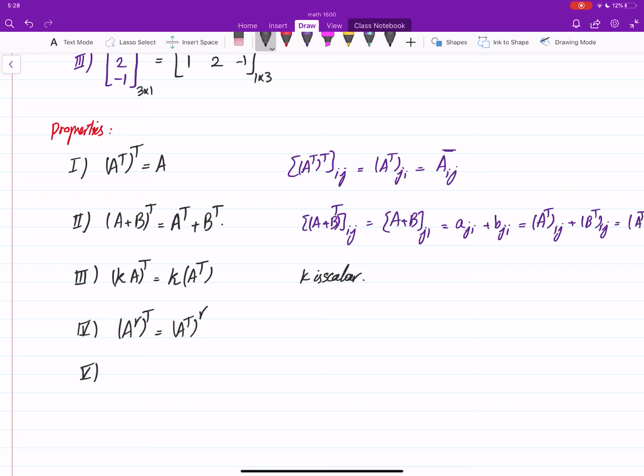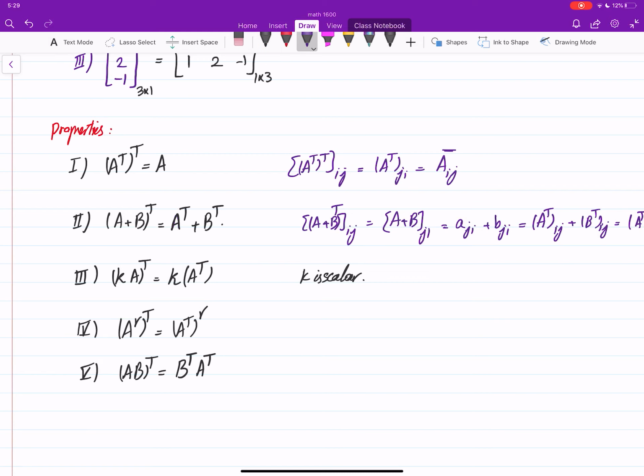What is the relation between the transpose and matrix multiplication? You have to keep this in mind: AB transpose is not A transpose B transpose. It is the other way around. It's B transpose A transpose.